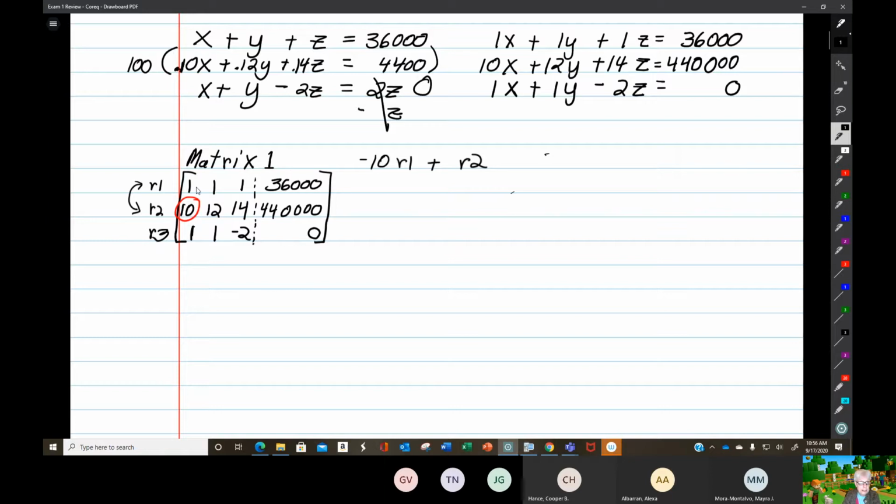So, negative 10 times 1 is negative 10. Let me write this here. Negative 10R1. Negative 10 times 36,000 is negative 360,000.